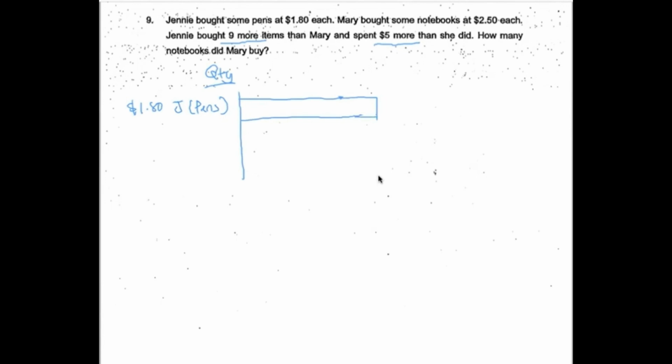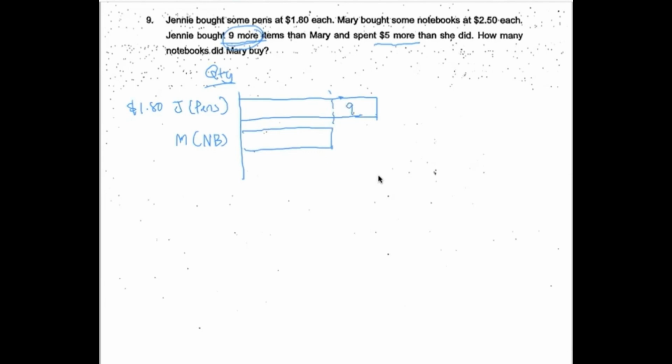Then we have Mary, who bought only notebooks at 250 each. And we know that Jenny bought 9 more than Mary. So make sure my Mary is shorter than Jenny by 9. Okay, so this is quantity.